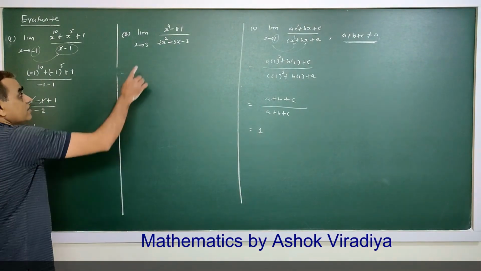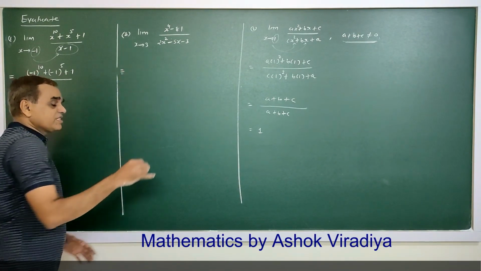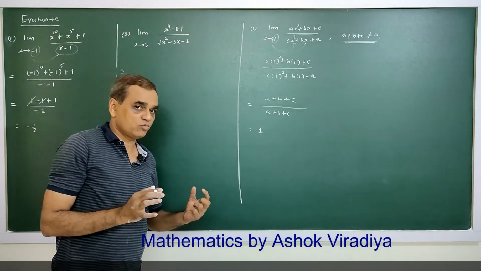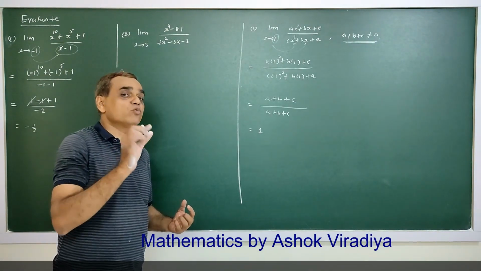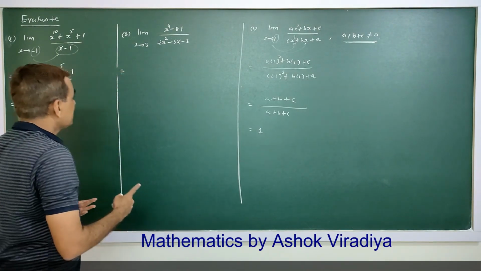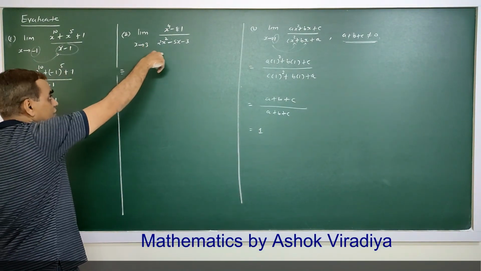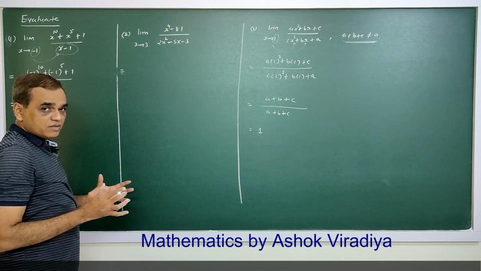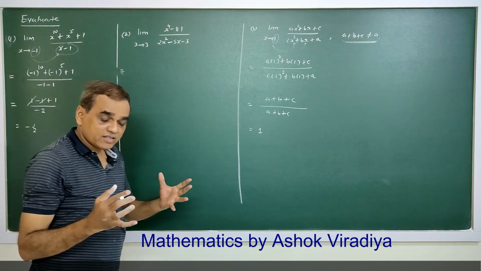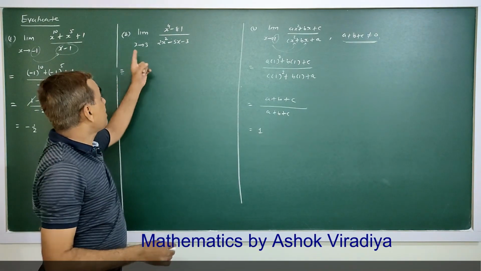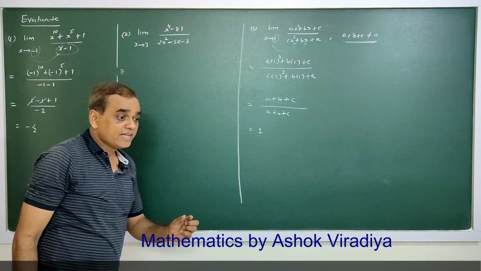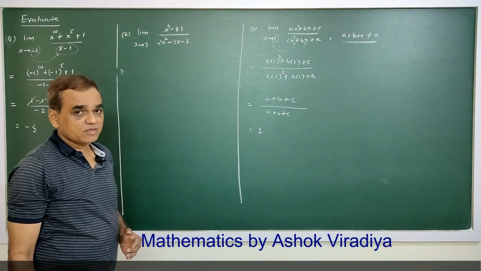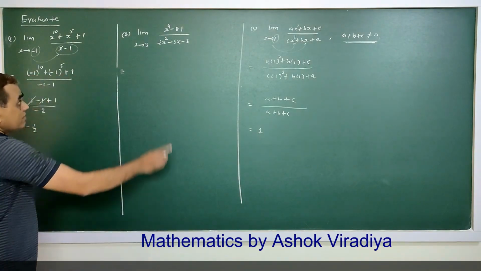So here, if the denominator is 0, that means there is something which is the reason behind 0. So that part will be removed. So in that case, we have to convert this rational function into simple form, such that in that simple form, if you put value x equal to 3, then the denominator of the simple form is non-zero. So here we factorize.